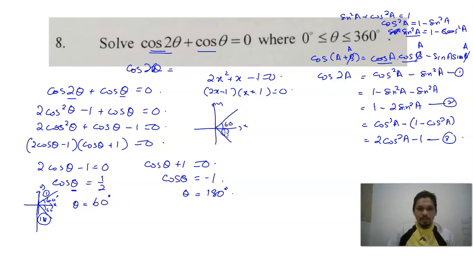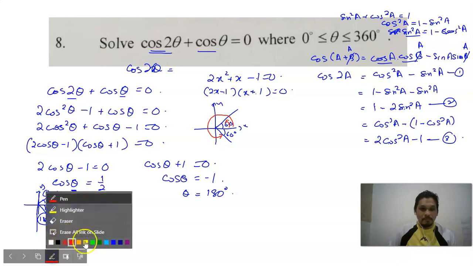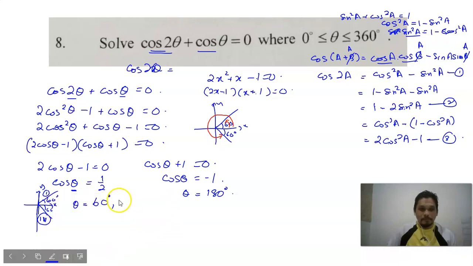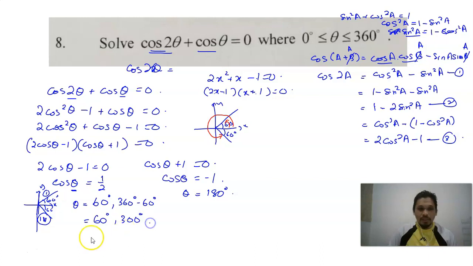So the first is 60 degree and the second is 360 degree minus 60 degree, then you get 60 and also 300 degree.